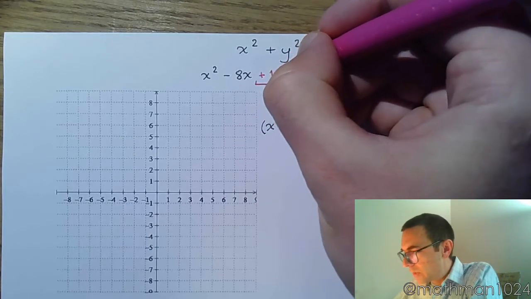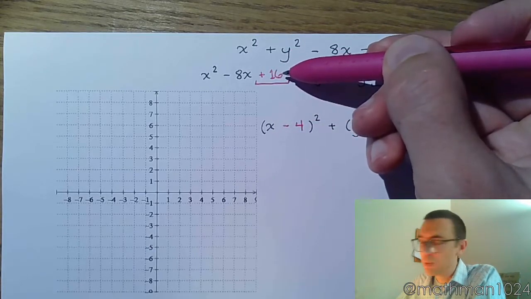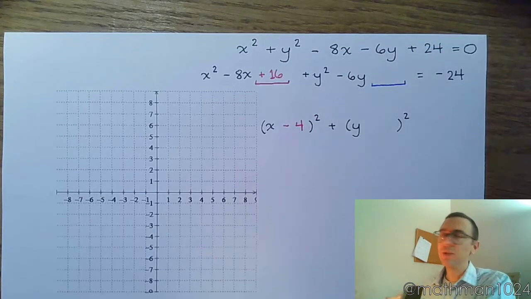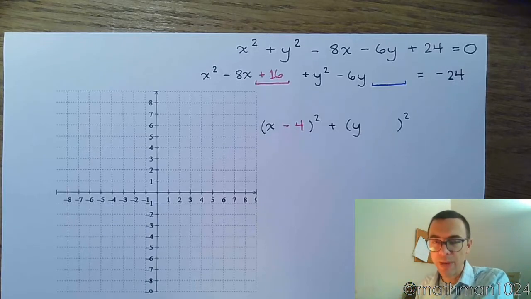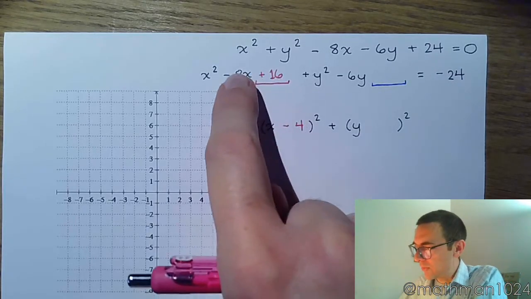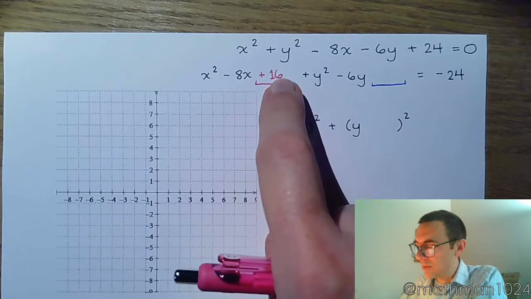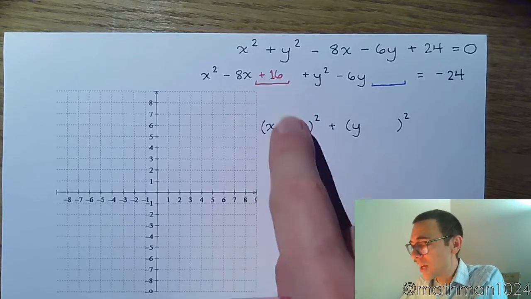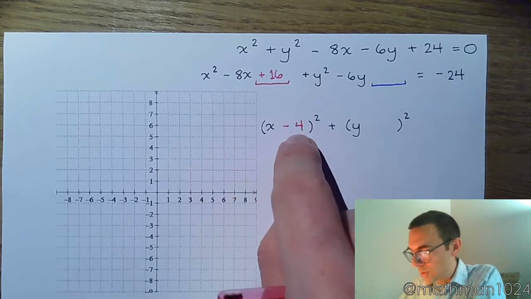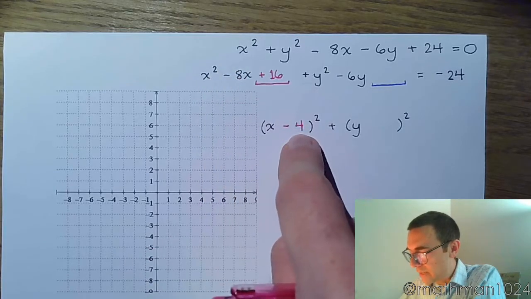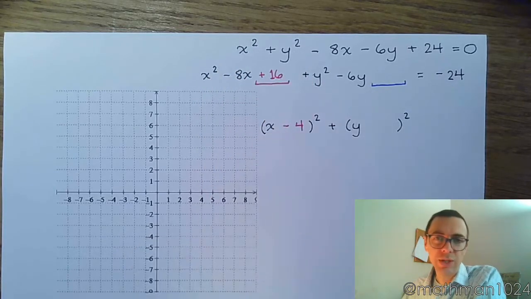So really, I guess we should have put the plus 16 here before we factor, but you know me. If you've seen those videos about completing the square, you know how these guys are just so connected that there's no sense to put this and then try to figure out how it factors. You know how it's going to factor. So you do half of negative 8, and you square that to tell you what that number is.